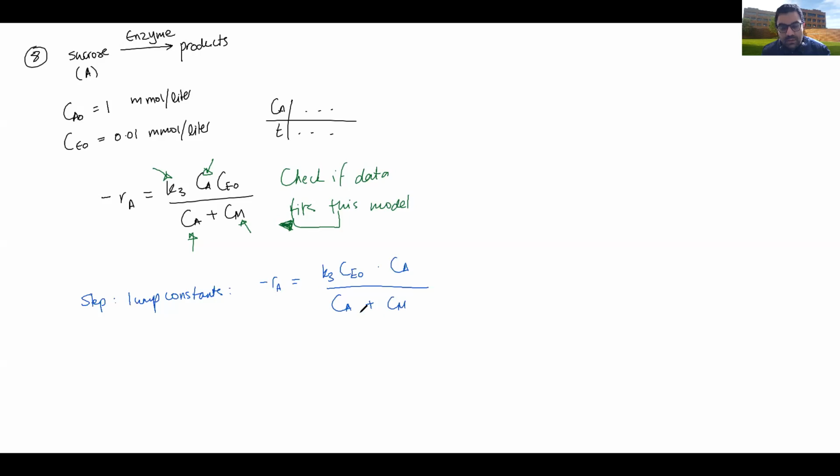So the first step is lumping constants in the numerator. Step number two, in this type of analysis, is usually to remove constants standing alone in the denominator.